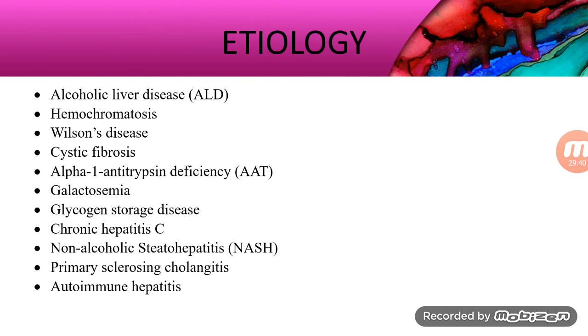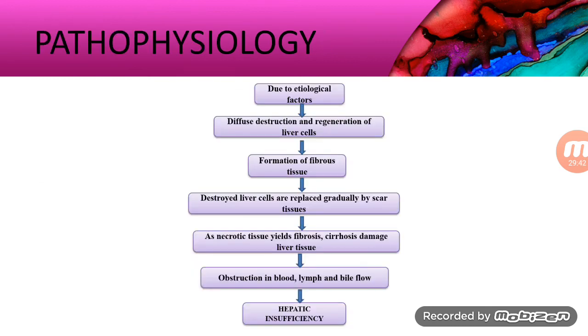Okay, next we will see the pathophysiology. First of all, due to etiological factors, what will happen? Diffuse destruction and regeneration of the liver cells. So due to the etiological factors, widespread destruction will be there in the liver cells, and after that regeneration of the liver cells will take place.